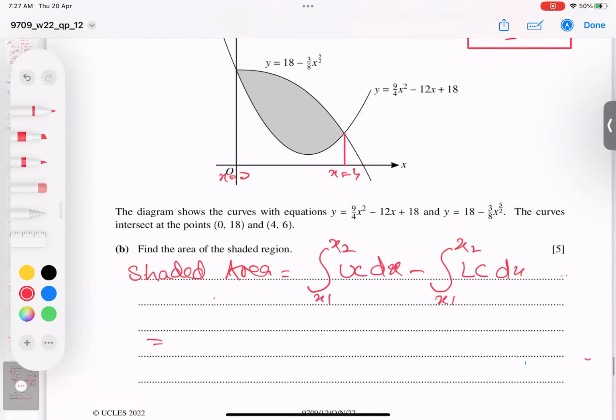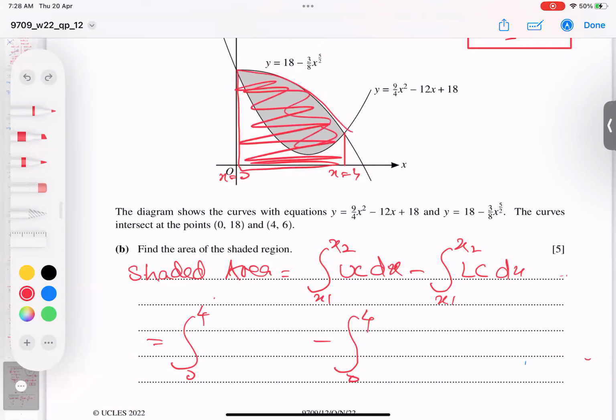Now apply the limits: lower limit 0, upper limit 4, and the same here, 0, 4. The upper curve is this. If I integrate the upper curve, I get the full area, which I'm shading. When I integrate the lower curve, just this one, I get only the white area, because basically from the curve till the x-axis it gives us area.